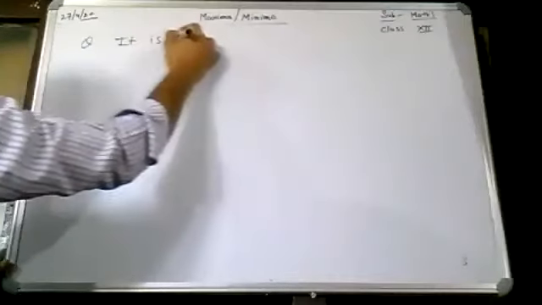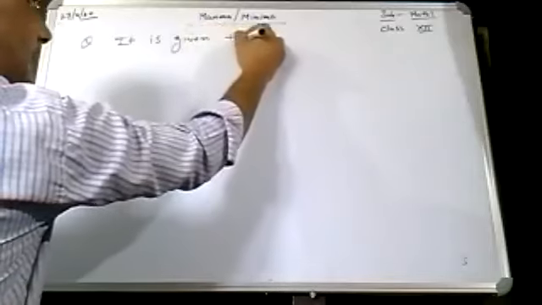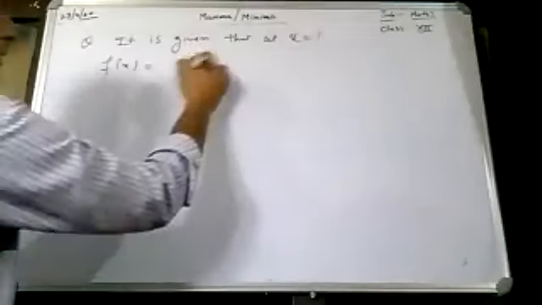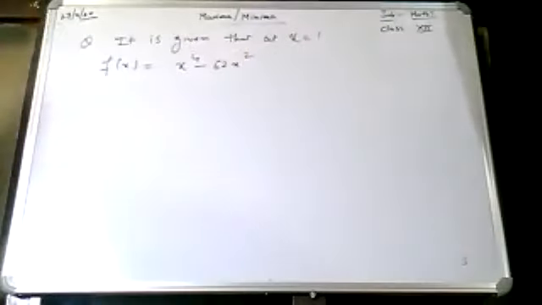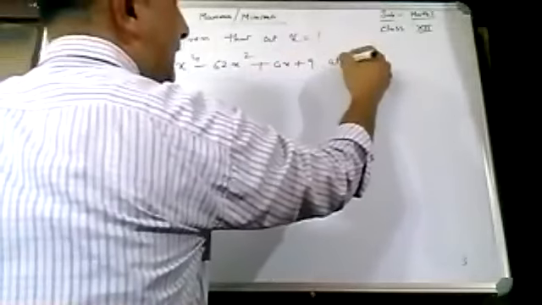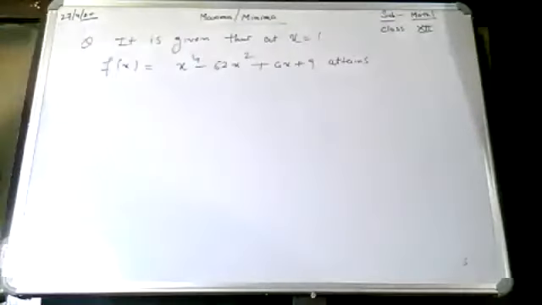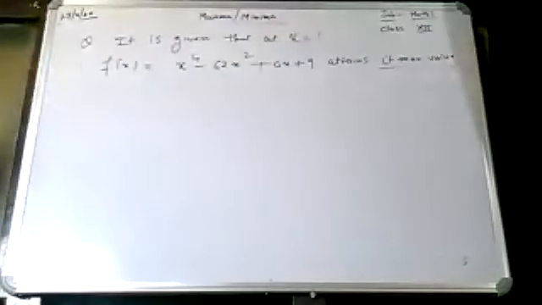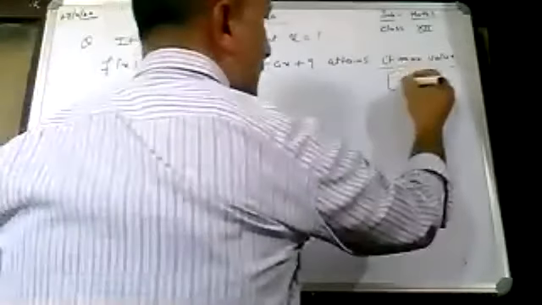It is given that at x is equal to 1, the function f of x is equal to x4 minus 62x square plus ax plus 9 attains its maximum value in the interval 0 to 2.